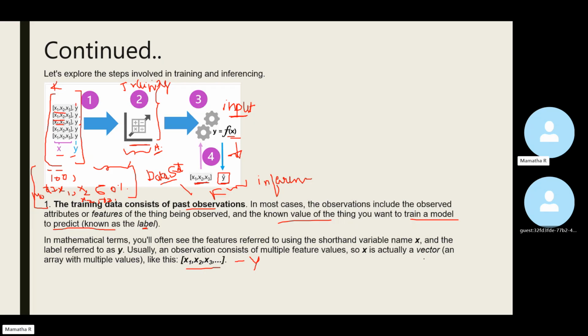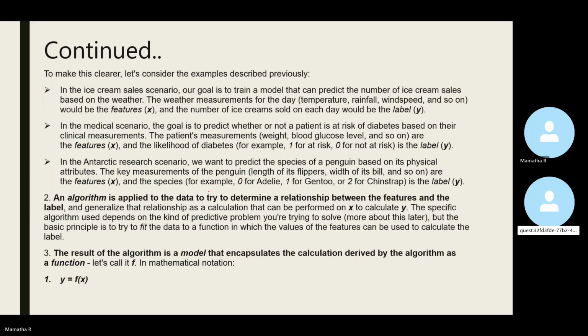Here, it looks like a vector array because whatever input you're setting is not of the same data type. It will be of different data types, it might be a numeric value or a string value. Scalar, opposite to that, means a single value.